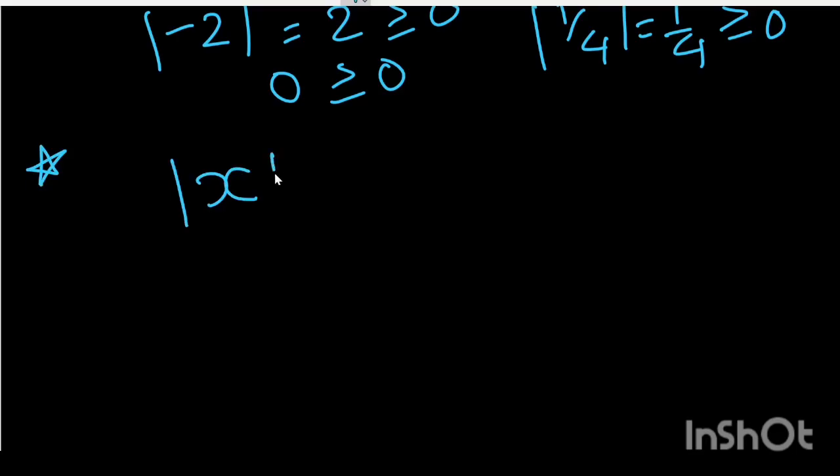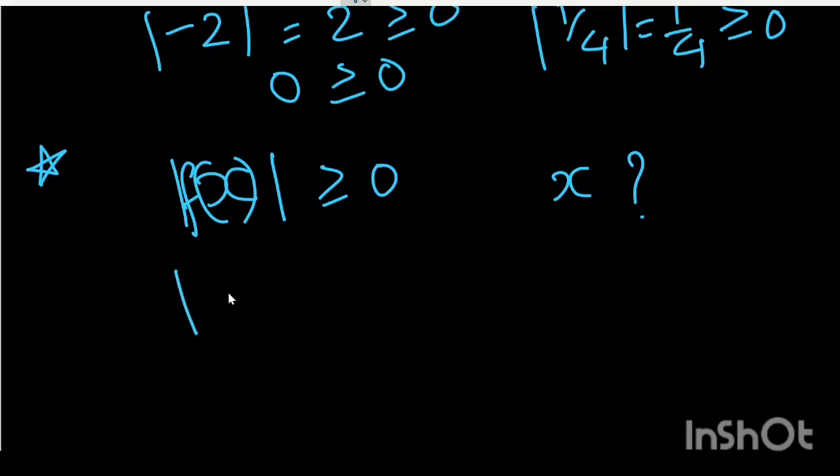So now suppose mod of f(x), if I ask you, greater than or equal to 0, then what is x? Let's say f(x) is any function you can take, linear function, quadratic function.